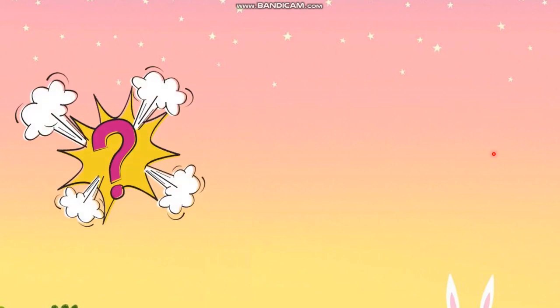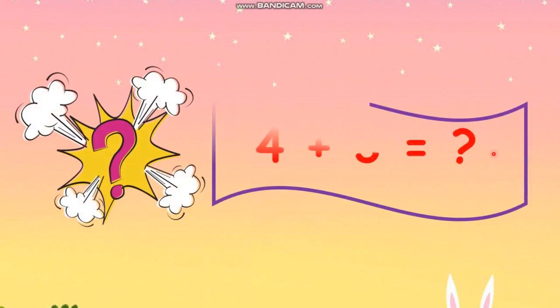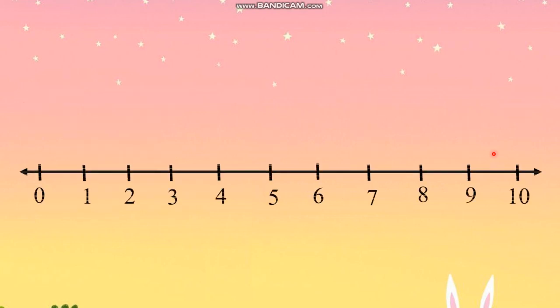Now, we have a question here. What is 4 plus 3 equal to? Now, we will be solving this using a number line. Let me show you how with the help of Darcy the monkey. So we have a number line over here and Darcy is sitting on the number 0. Where is she sitting? On the number 0.